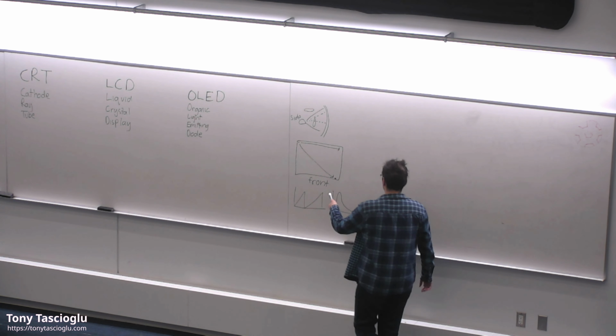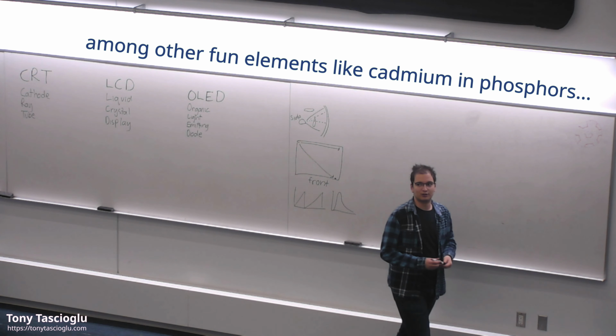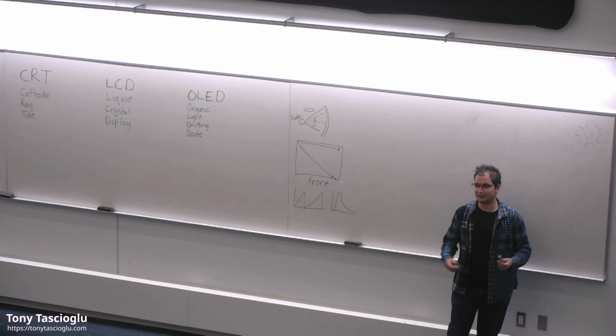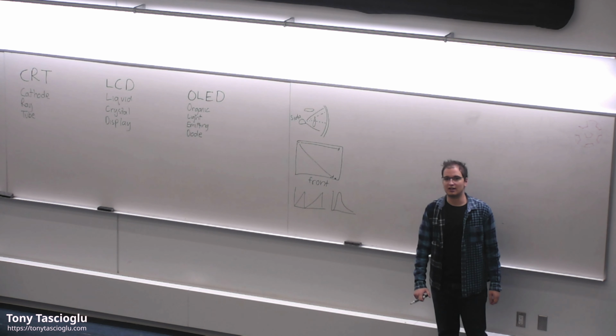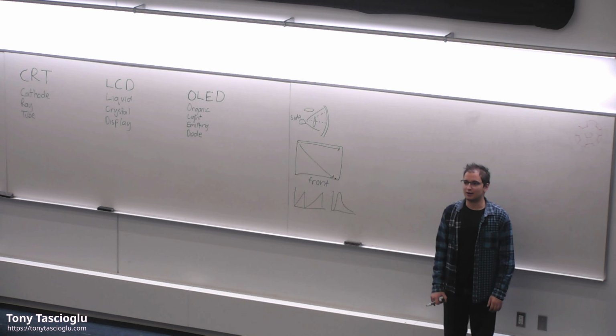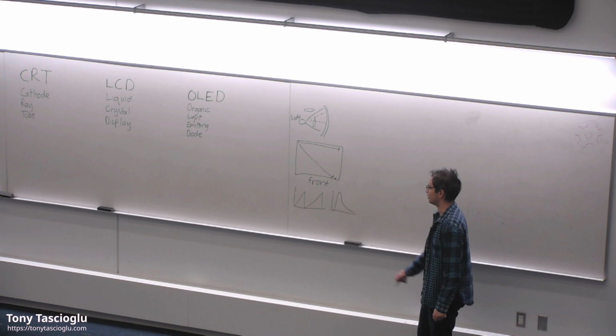Unfortunately, though, mercury, lead, and shooting electrons turns out to not be the best idea, particularly when you need to get rid of these things, as well as having fundamental issues like burn-in. Burn-in, which we will get back into when we talk about OLEDs and more modern technologies.